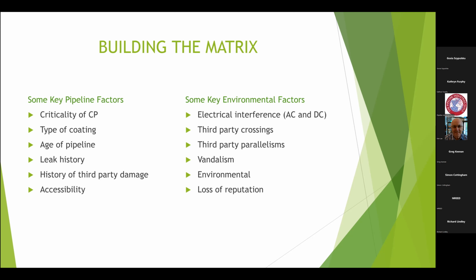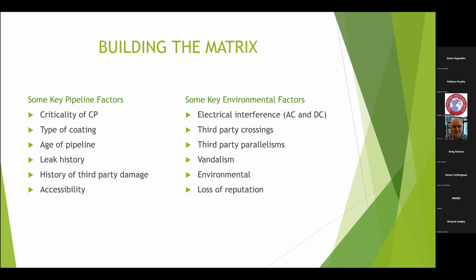The type of coating is important, because there are many different types of coating that are used on pipelines, ranging from 3-layer polyethylene all the way down to coal tar enamel. Not so much used these days, but there are still pipes around with bitumen on them. So we know the long-term behavior of coatings, and they all degrade with time.